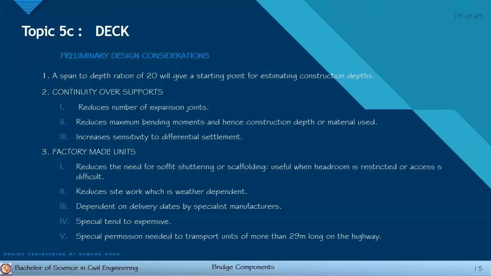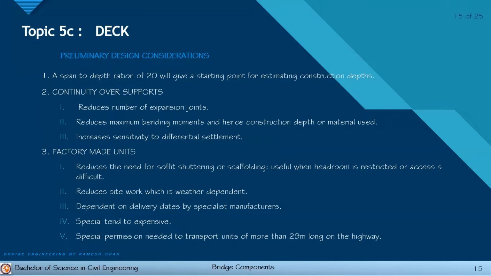First, a span to depth ratio of 20 will give a starting point for estimating the construction depth. 2, continuity over supports. First, it reduces the number of expansion joints. Kailangan natin i-reduce ang expansion joints. Reduces maximum bending moments, enhances construction depth or material use.